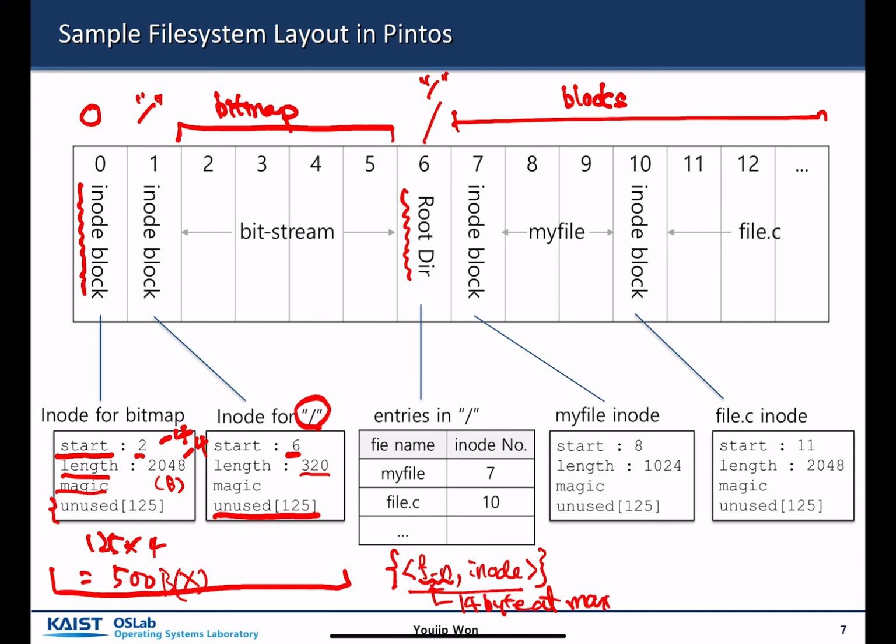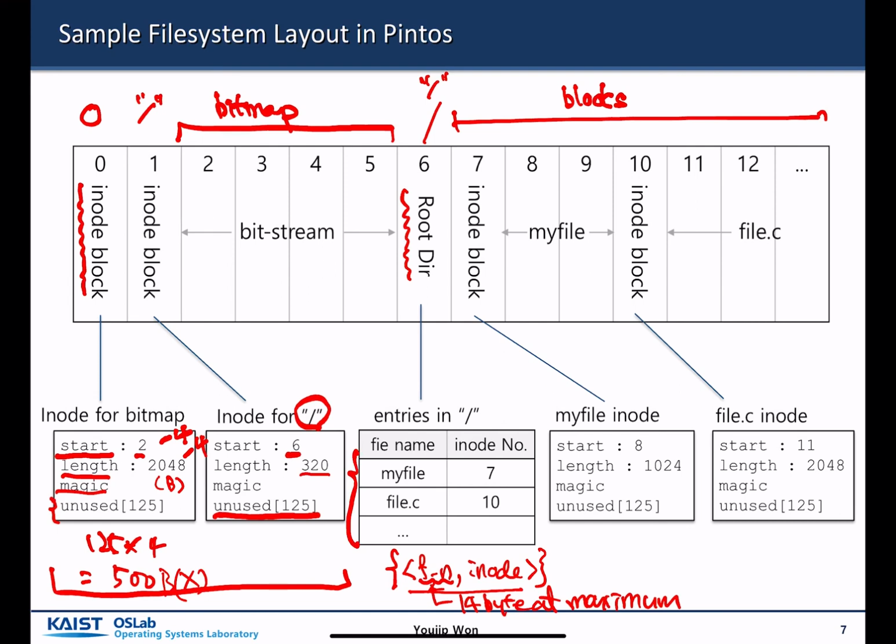That's how Pintos defines the file name. So in Pintos, the file name cannot exceed 14 characters. However, in modern operating systems, the length of the file name is virtually infinite. You can use 100 character file names or 200 character file names. Anyway, this is how Pintos represents a directory.